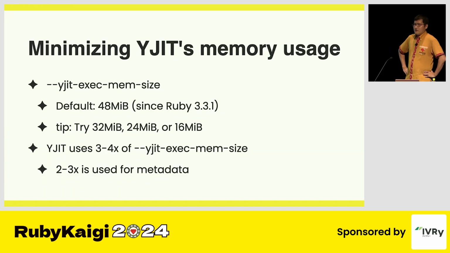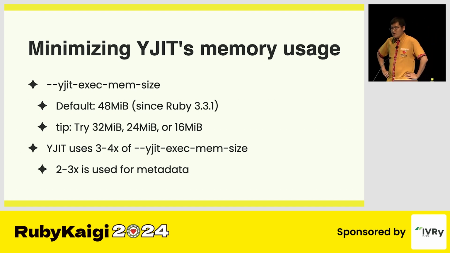And then I guess one of the challenges in enabling YJIT in production is the memory usage. So there's always a trade-off. Getting performance could mean that you might need to use more memory.